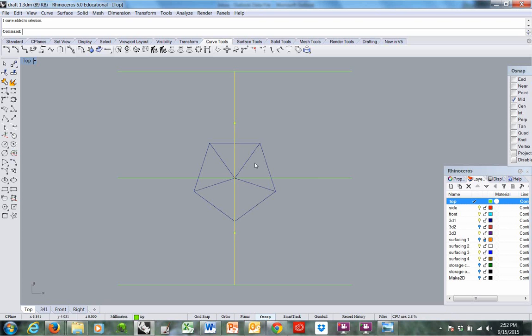It is normal or typical to have a construction line that bisects down the middle of your top view, going both horizontally and vertically. Take one construction line out and grab this corner.